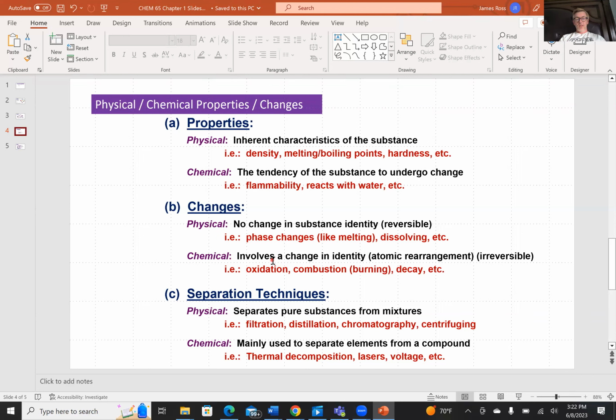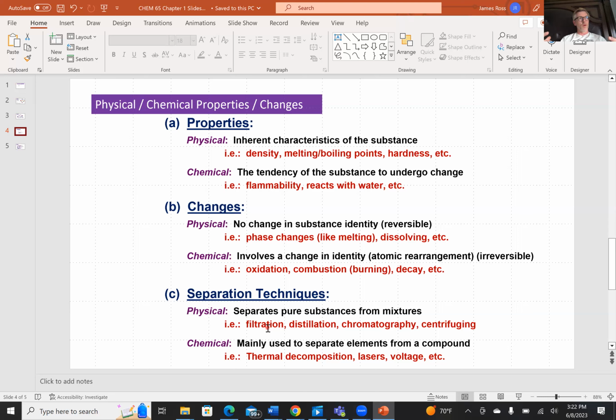Okay, so now we've got these changes. We can exploit the difference between physical and chemical properties of matter as a separation technique. For example, if we want to physically separate objects, we can use physical methods. An easy way is just to add a physical barrier. Filtration is one way.